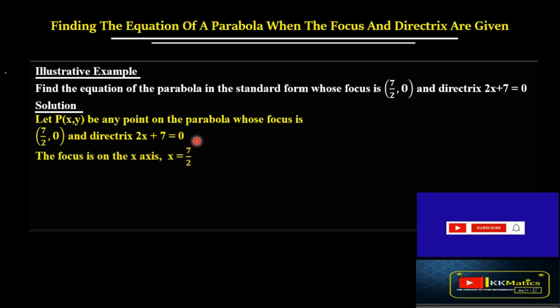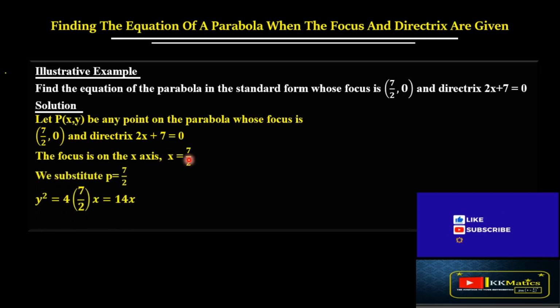So we know that the x coordinate of the focus is 7 over 2, and the directrix is minus 7 over 2. So we can say that this is our p, because according to the general standard equation of the parabola, p is normally on the focus.